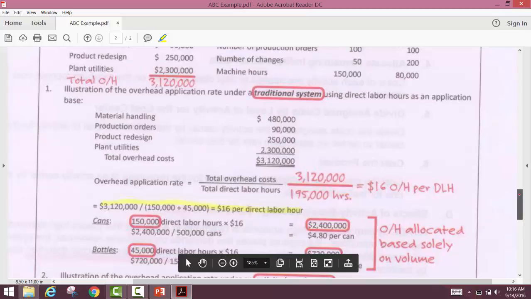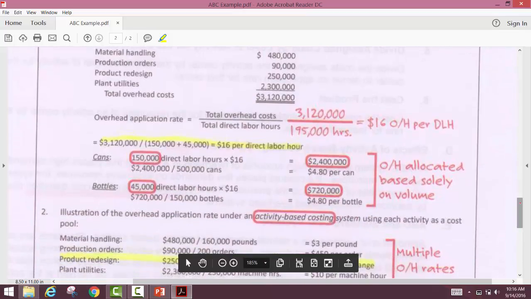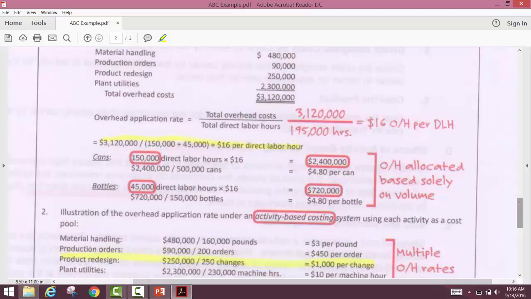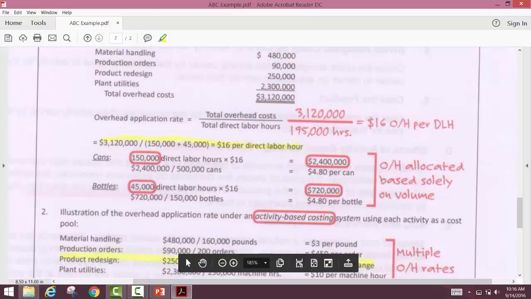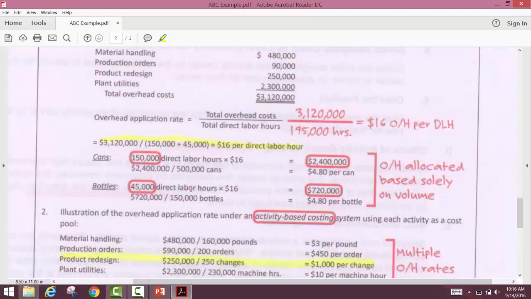Is that what we were doing before in the traditional system? That we learned. Now we have a cost per direct labor hour, and then we simply take the number of hours used by cans and the number of hours used by bottles, and that's how we allocate our overhead using the traditional system, based on the number of direct labor hours used by each one of those products, right?